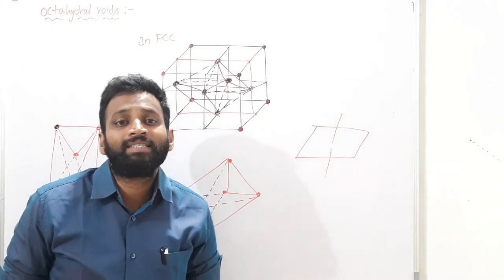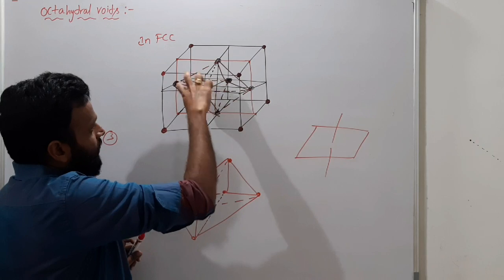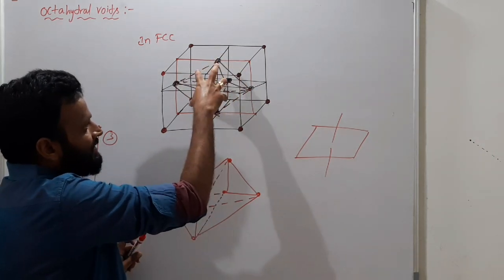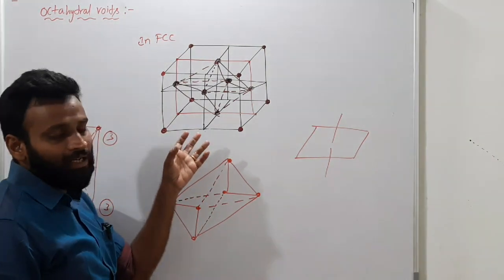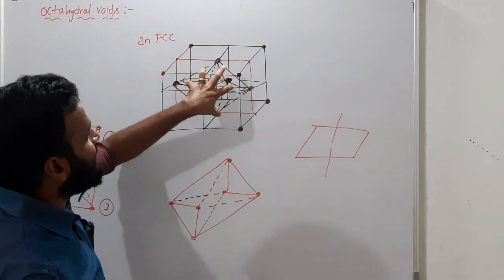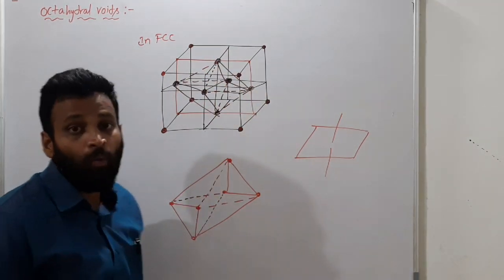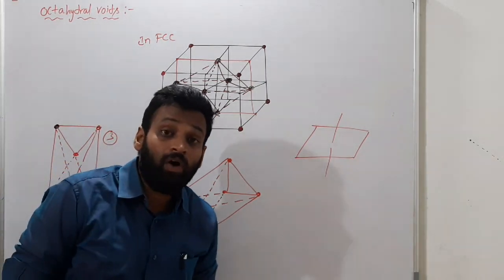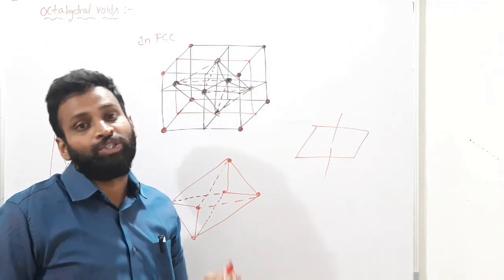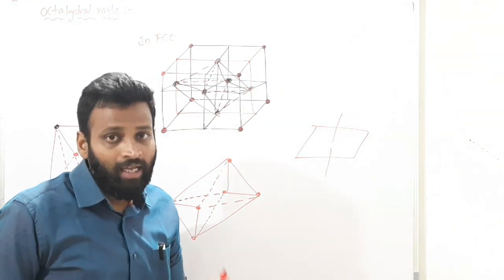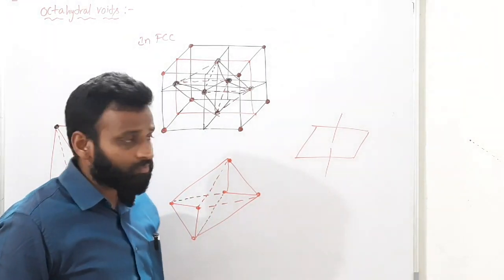And we can understand that this octahedral void is forming in exactly the middle of the FCC unit cell. Where is this octahedral void forming? Exactly at the center of the cube. Exactly at the middle you have this octahedral void. And one more thing, this octahedral void will also form at each edge. At every edge there will be one octahedral void in FCC.